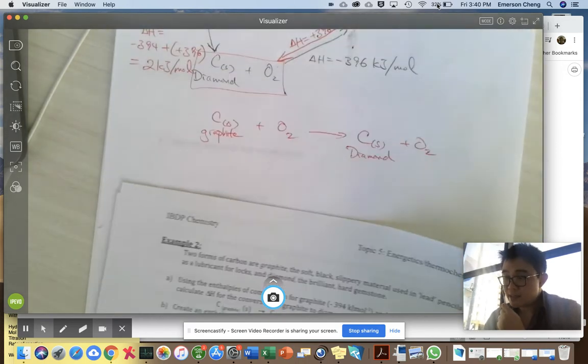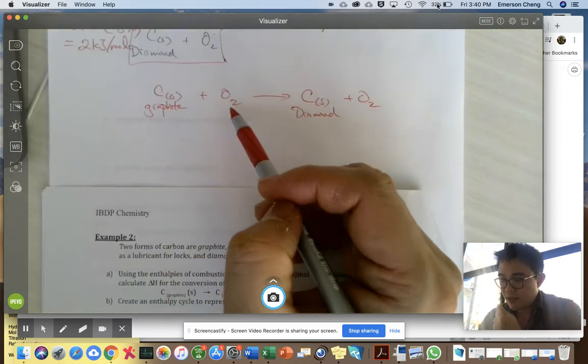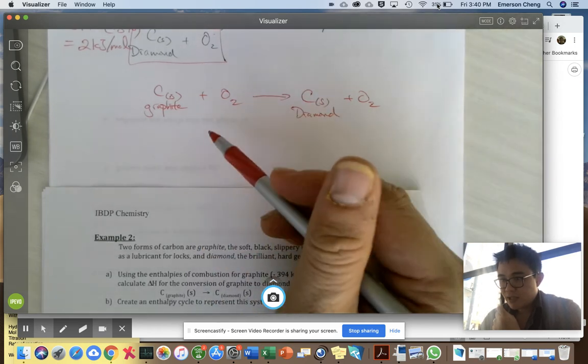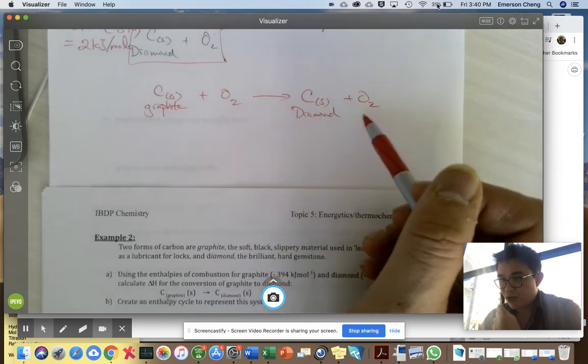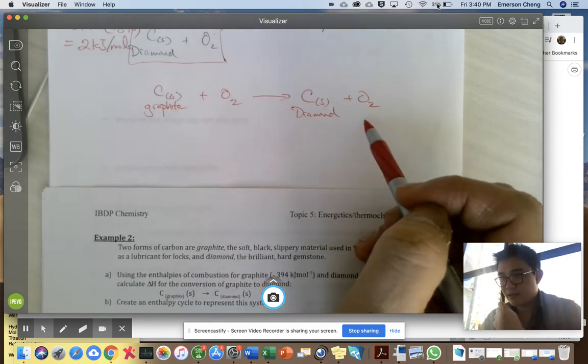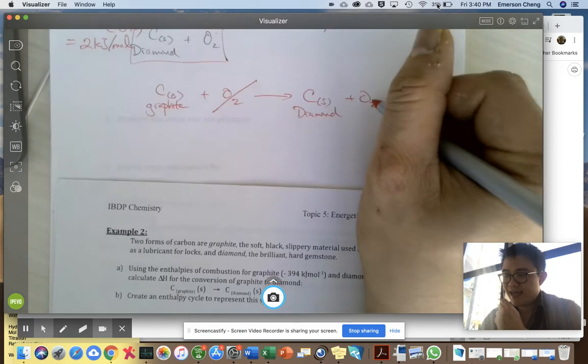You're right, it doesn't look like it, but if you think about it, the oxygen is just there. It's not doing anything. It's oxygen as a reactant and oxygen as a product, so you can actually cancel this out.